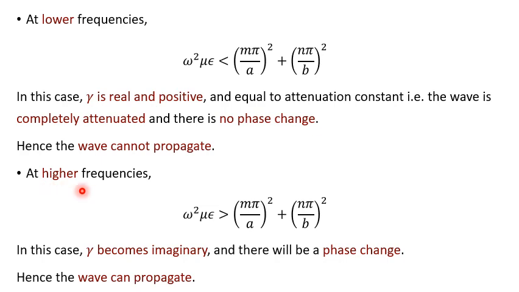Whereas at higher frequencies, omega square mu epsilon will be greater than m pi by a the whole square plus n pi by b the whole square. In this case, the propagation constant gamma will become imaginary, which means there is a phase change, so the wave can propagate.